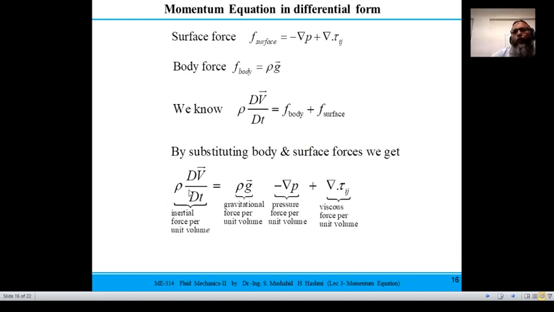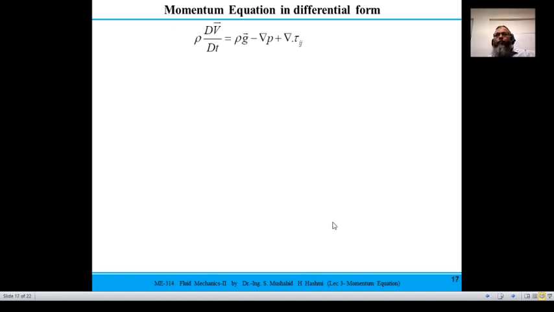We have considered the gravitational force as the only body force that is acting, which means we are neglecting the electric field and the magnetic field. And the surface forces are of two types: the normal forces and the tangential forces. So the inertial force per unit volume depends on the magnitude of the gravitational force per unit volume, the pressure force per unit volume, and the viscous force per unit volume. So this is our momentum equation.